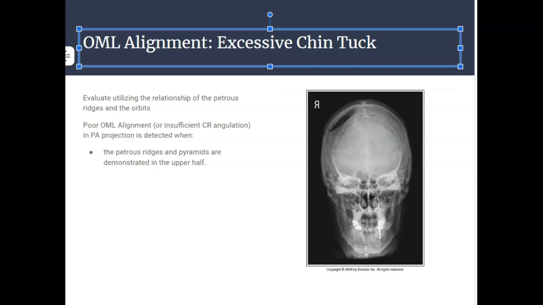And we want them in the lower third. So you will have to bring that OML alignment back to perpendicular to the IR and check your angulation to ensure that you obtain an adequate image.